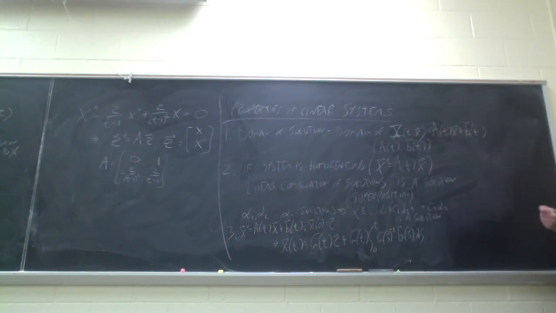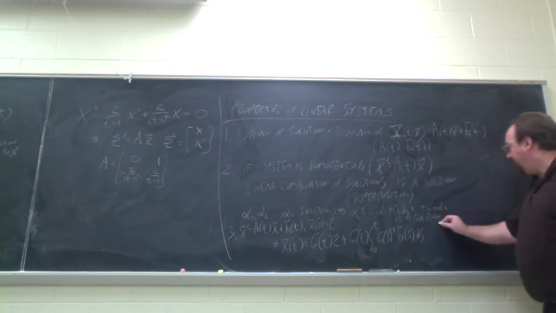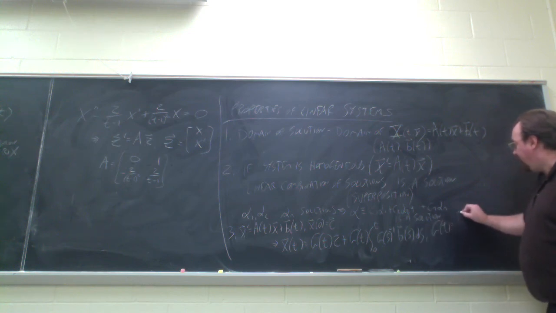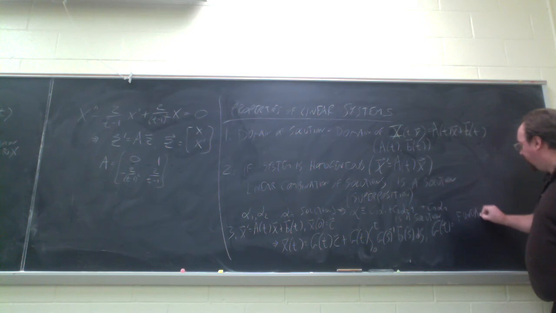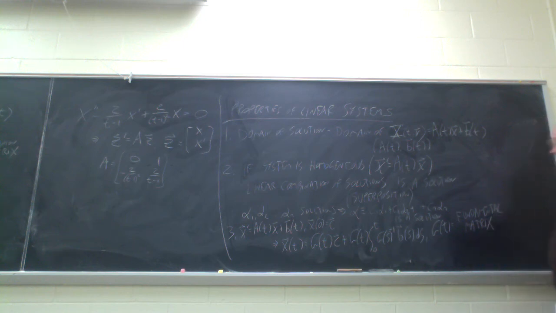And what is this G? So G of t is called the fundamental matrix of a system. And so one property that characterizes the fundamental matrix is that it is a solution of a matrix-valued initial value problem.